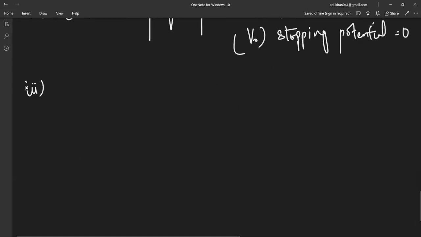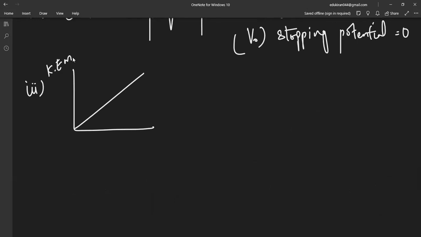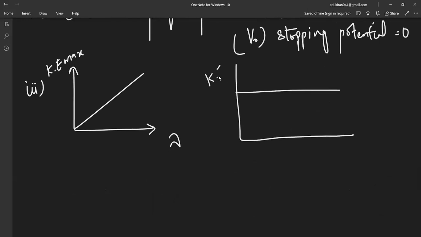which we have already discussed in class 1: that the maximum kinetic energy is directly proportional to the frequency. This I have told you. And another conclusion was that the maximum kinetic energy was independent of the intensity.